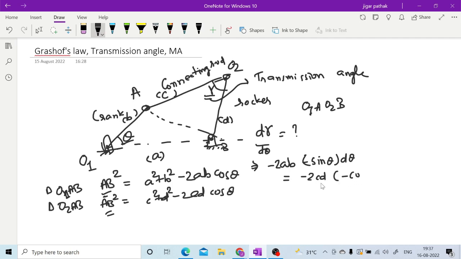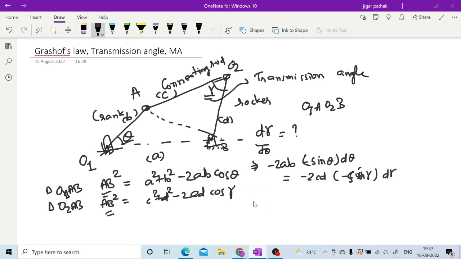Here it is gamma, because in O2AB this is gamma. So when you differentiate the second one, you will have minus 2CD minus sine gamma d gamma.